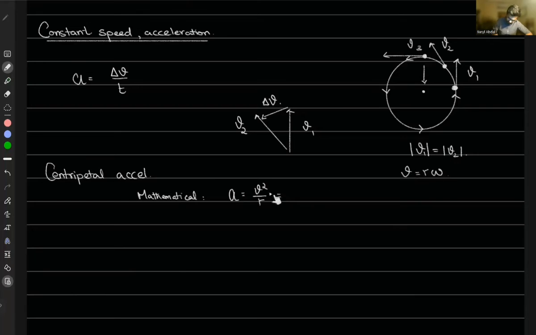Now just use this in this thing, we get r squared omega squared in place of v squared divided by r, which is r omega squared. So that is the centripetal acceleration, both in terms of the angular velocity as well as the tangential velocity, right?